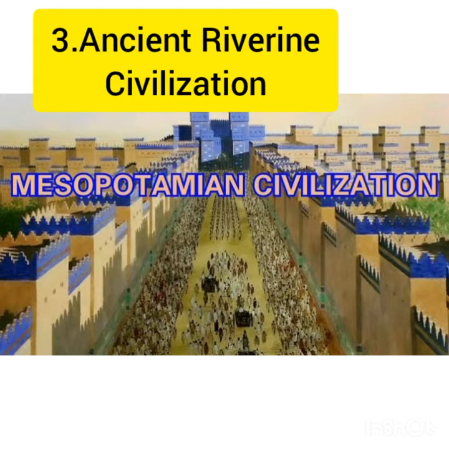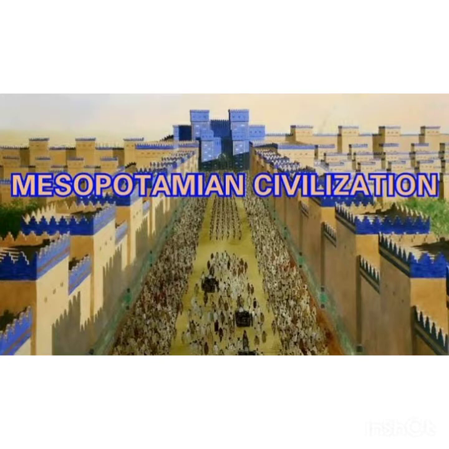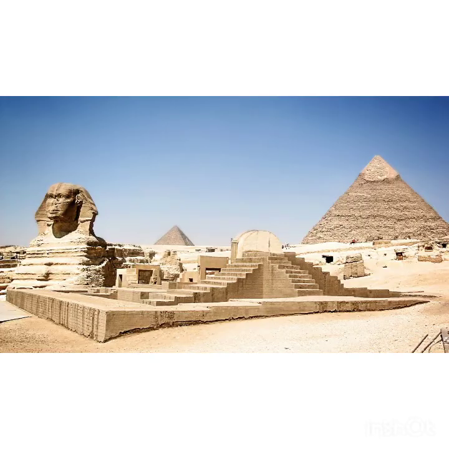Point number 3, ancient riverine civilization and sports and entertainment. Mesopotamian civilization lived in the land between river Tigris and Euphrates which flow through Turkey, Syria and Iraq. The prominent places of the Mesopotamian region are Ur, Uruk and Nippur.